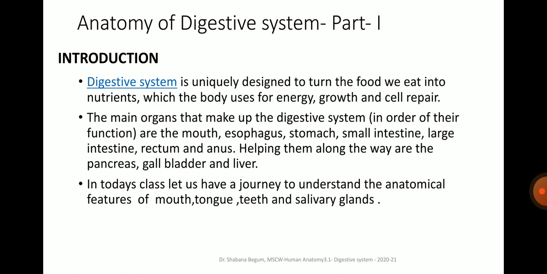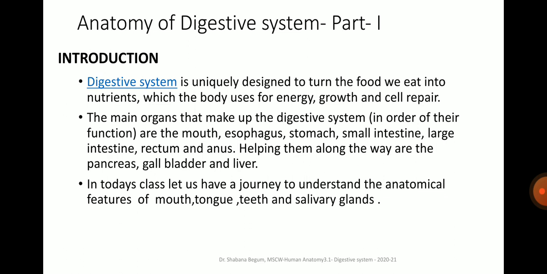The alimentary canal, also known as GI tract, that is gastrointestinal tract, is a hollow tubular structure extending from the mouth up to the anus. It has a general structure which is modified at different levels.